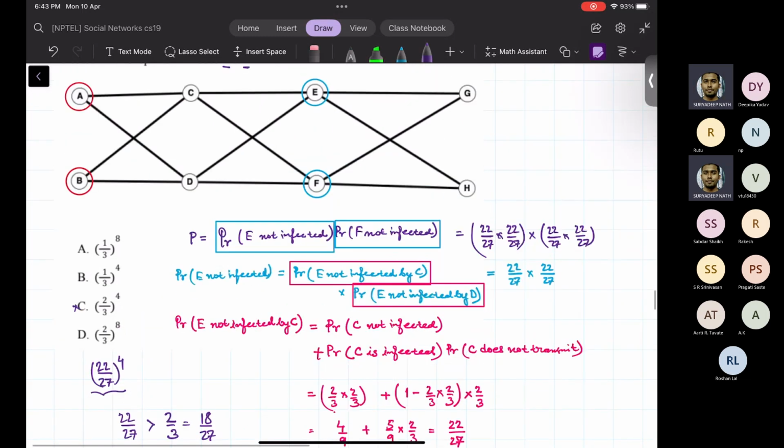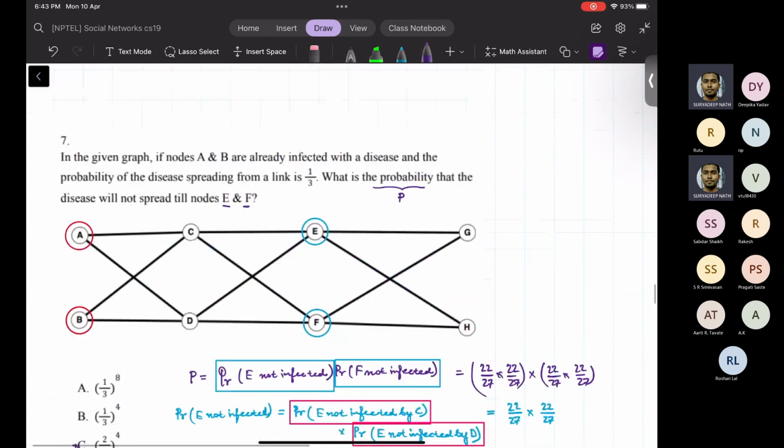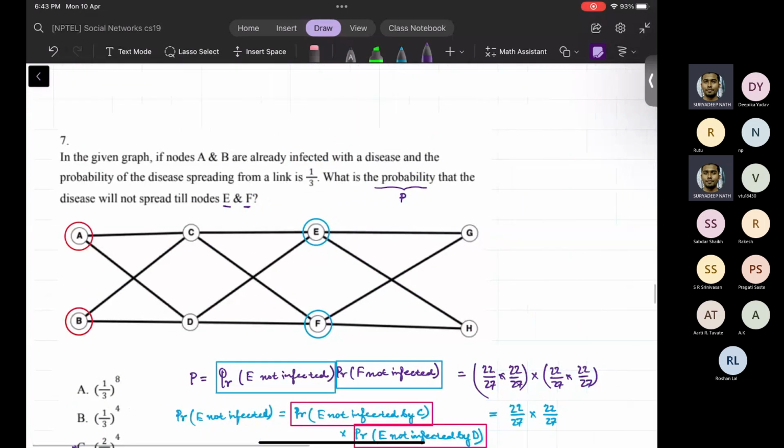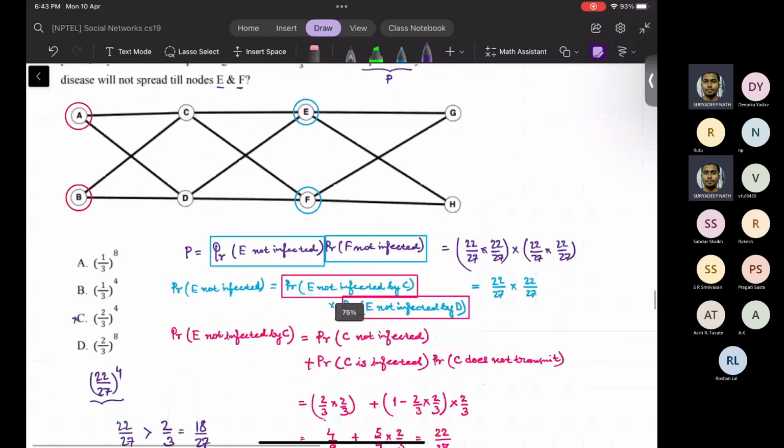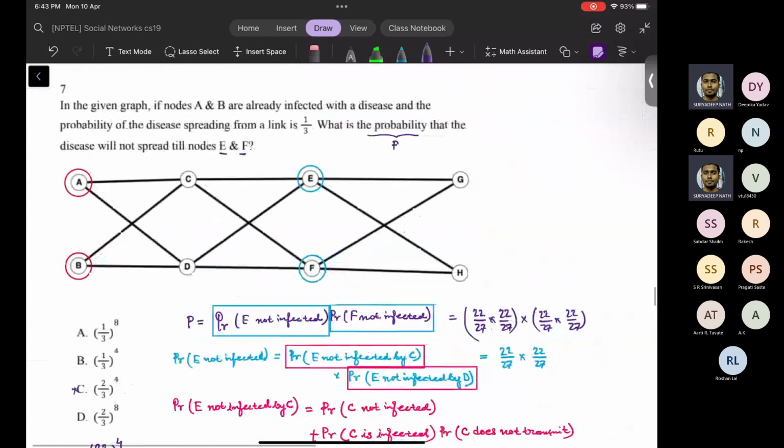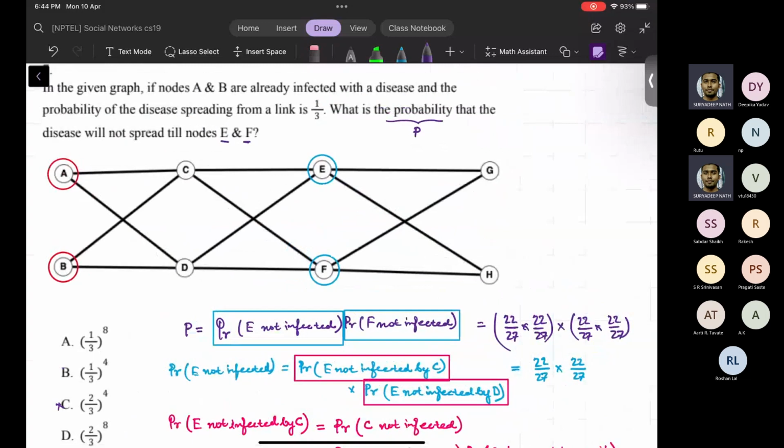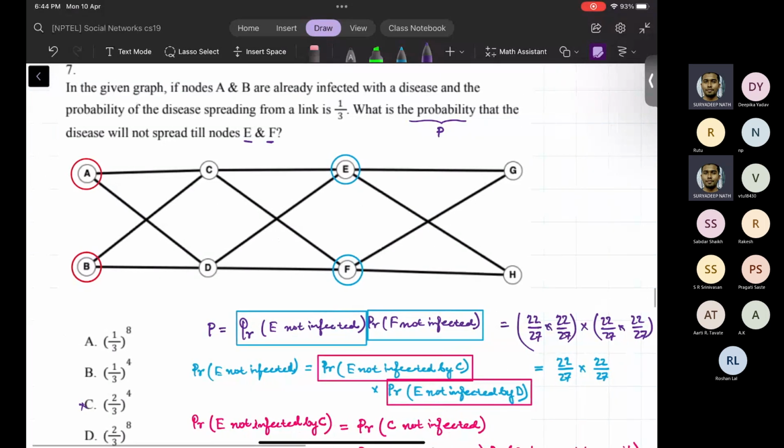So the probability that it will not spread to E and F decreases as we move further away, because there are more nodes which can transmit the disease as we go further along, and hence the probability that it will not get affected will decrease as we move ahead.